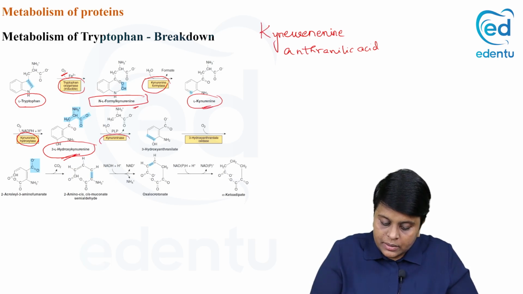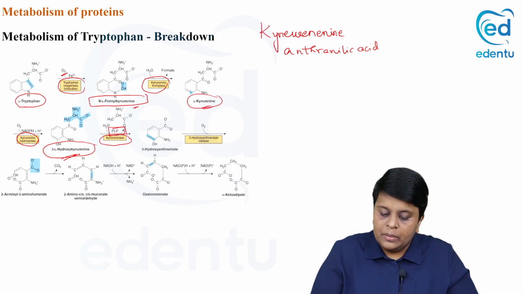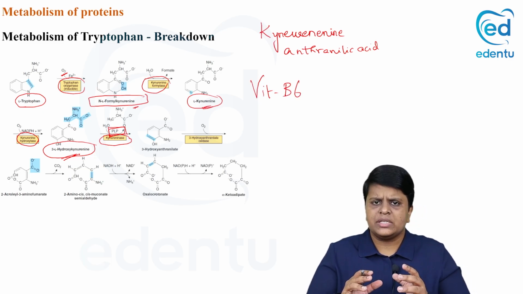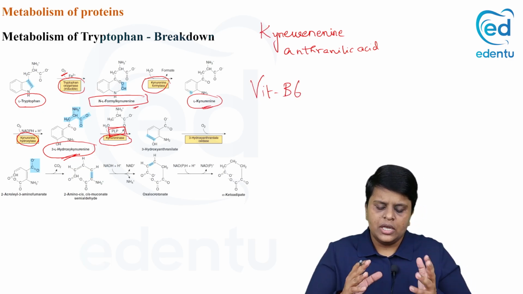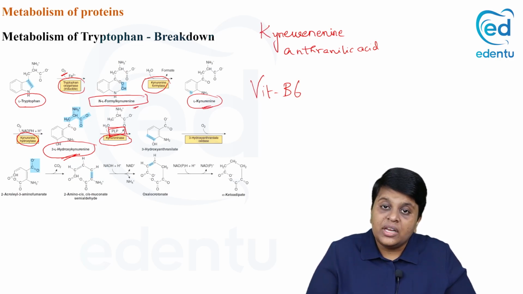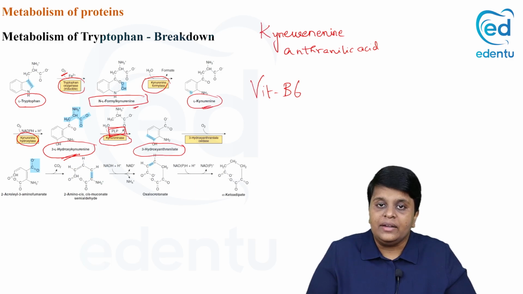Now you have the enzyme kynureninase. This is important because you have PLP as a coenzyme. PLP is vitamin B6. Yes, so most of the enzymes in amino acid metabolism will require vitamin B6. And this is one such enzyme, kynureninase. This converts 3-hydroxykynurenine to 3-hydroxyanthranilate.